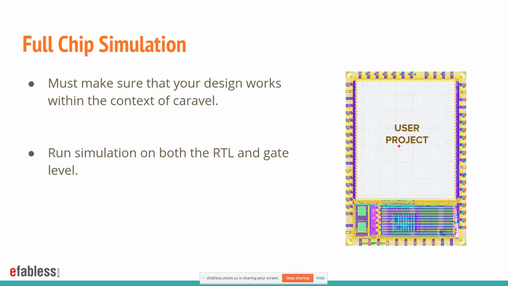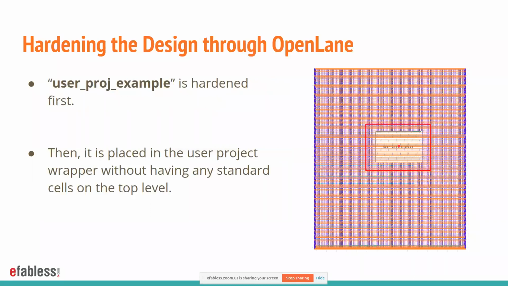So the example project provides a set of scripts to run the user project example and the user project wrapper through OpenLane. And the design approach followed here is that we first hardened the user project example as a separate macro, and then we placed it in the user project wrapper without having any standard cells on the top level.